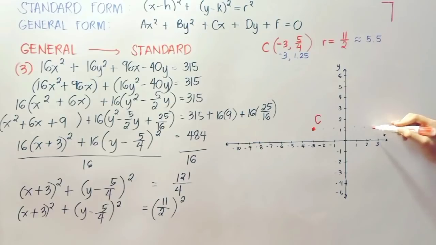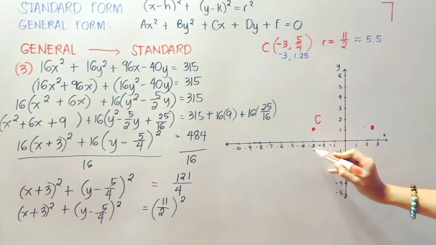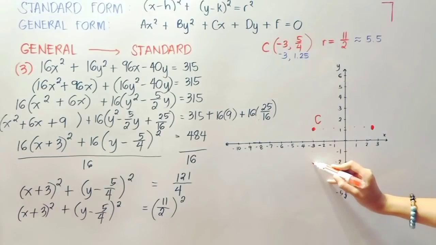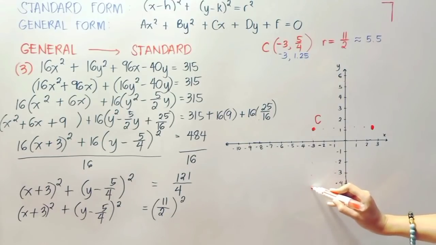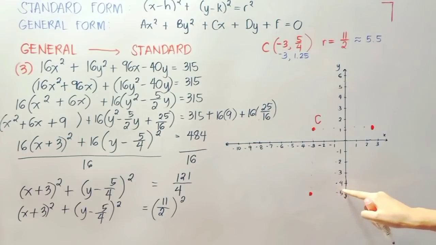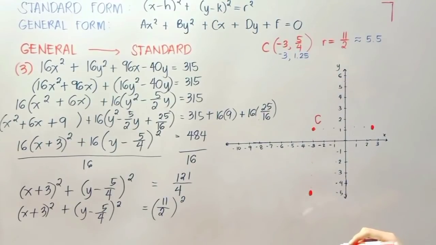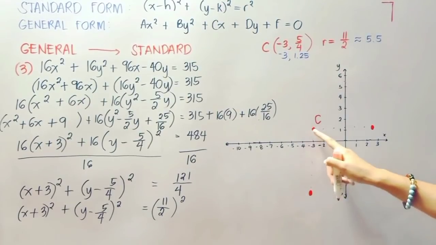So this is 2.5 and then 1.25. Then another 5.5. 1, 2, 3, 4, 5.5. So this is 4.25. So that point is (negative 3, negative 4.25).